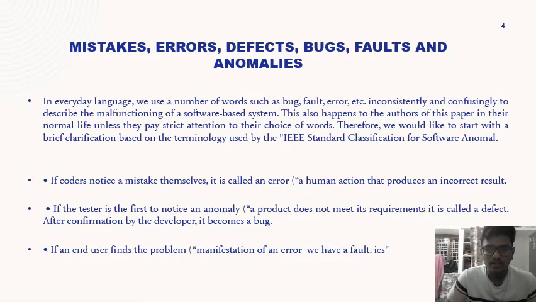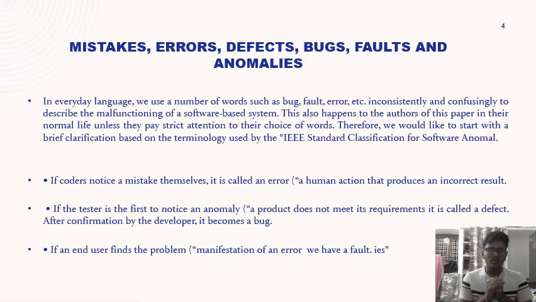This also happens to the authors of these papers in their normal life unless they pay strict attention to their choice of words. Therefore, we would like to start with a brief clarification based on the terminology used by the IEEE standard classification for software anomaly.